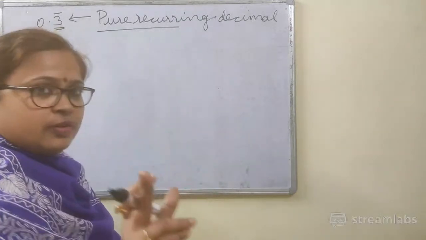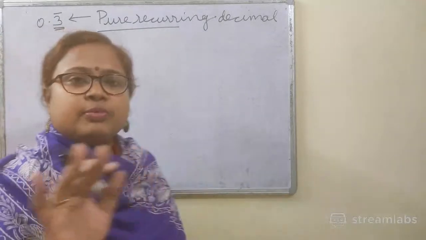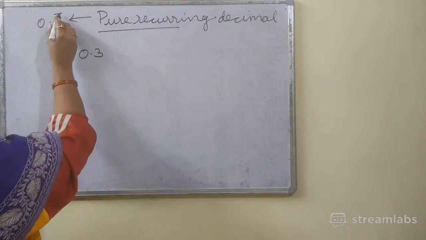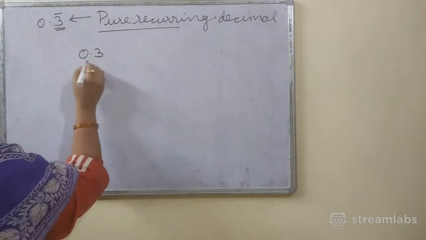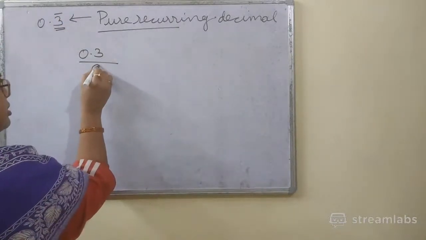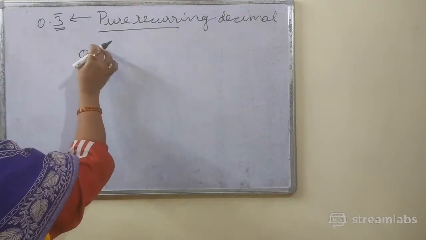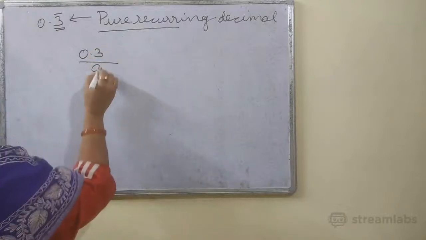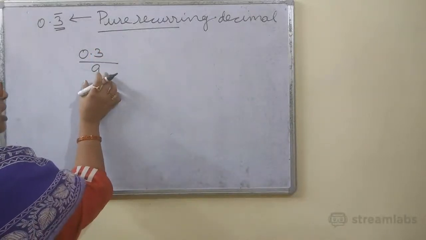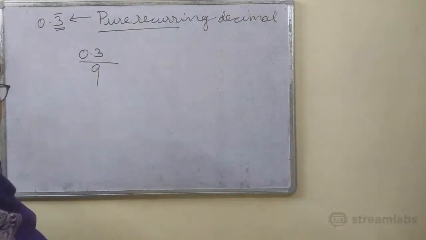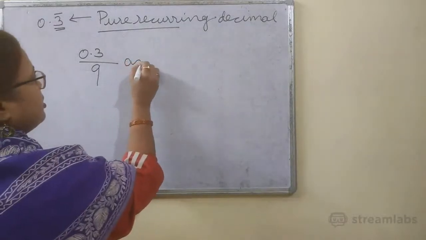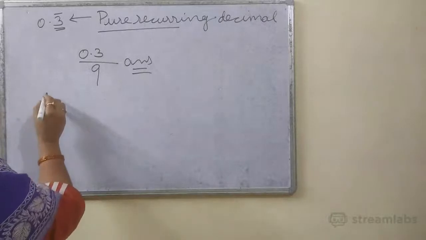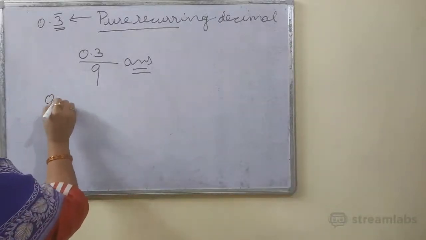How will you convert it? Always remember, no big process is here. This recurring is on only 3, so we will write 9 here. As many numbers as are recurring, that many times we will write 9. Clear? And this will be your answer. Okay. Now let's do another one, like the next question, 0.5.